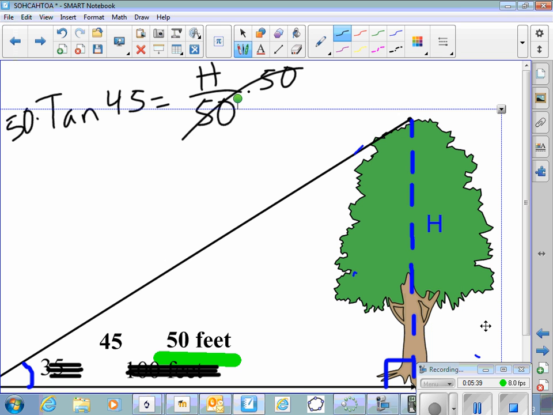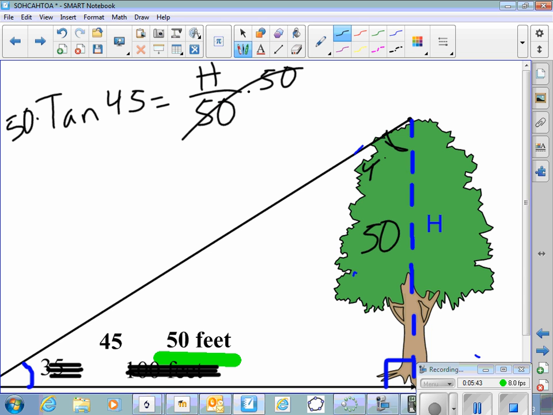And that's always the case with a 45-45 triangle. So maybe that just gives you confidence that it really works because we chose one that we know what it should be. So that's a single step process to getting the tangent.